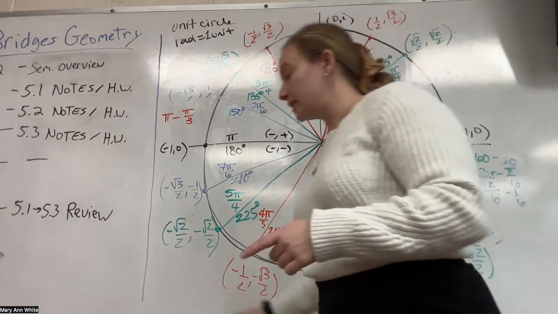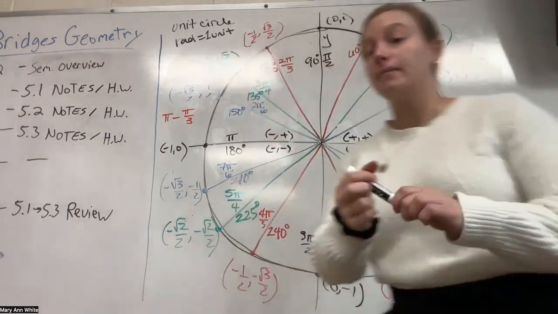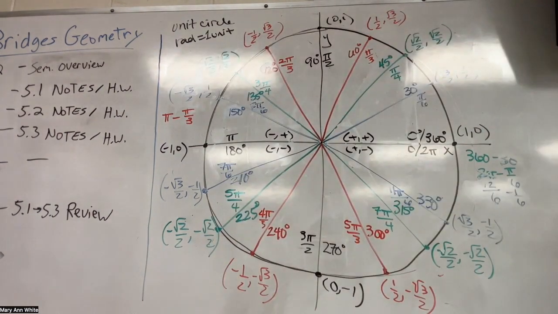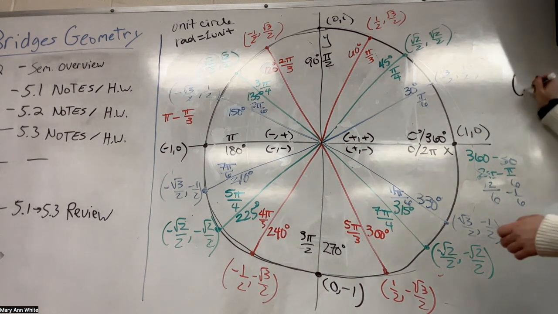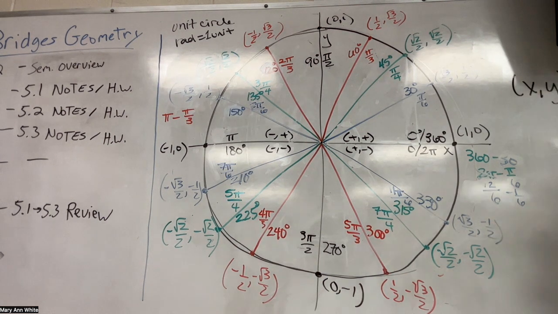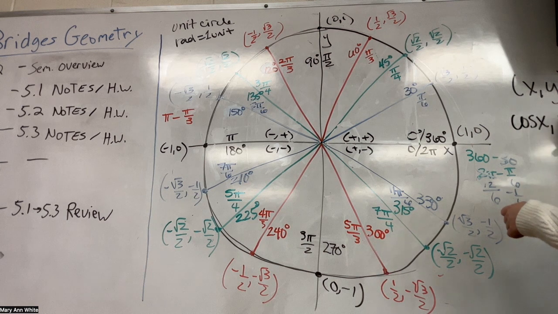You guys ready to know why we did this? Ready. All of my ordered pairs go X, Y, correct? They also go cosine, comma, sine.